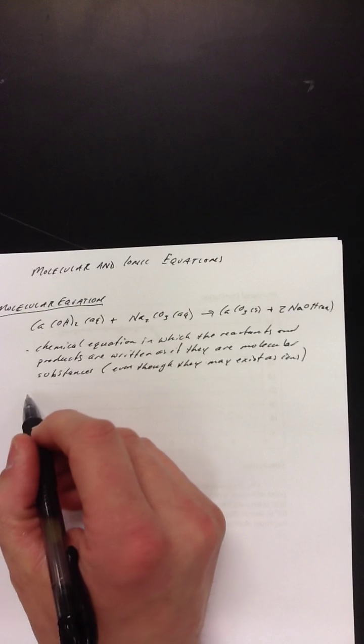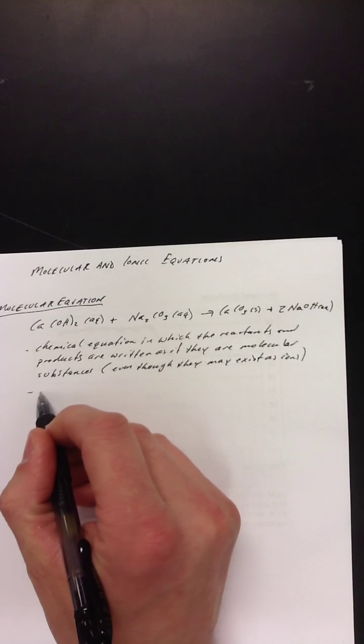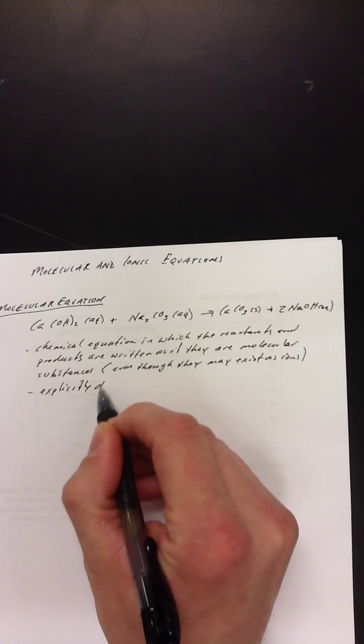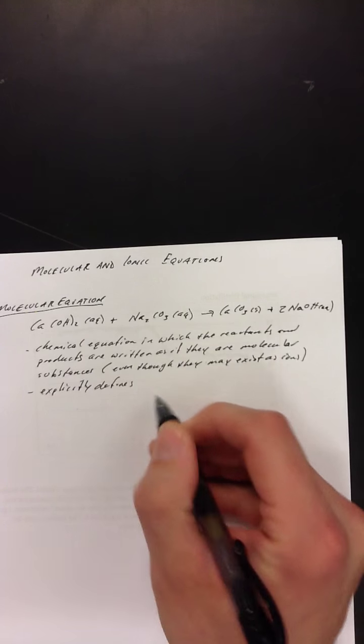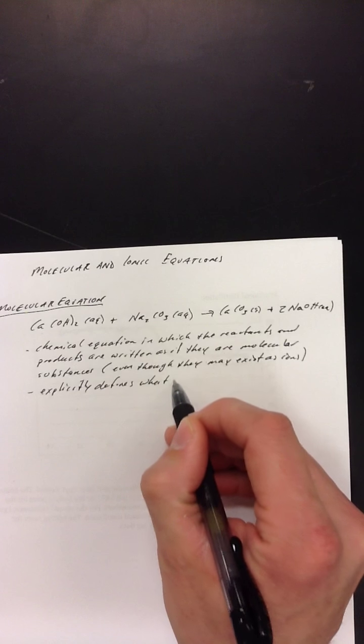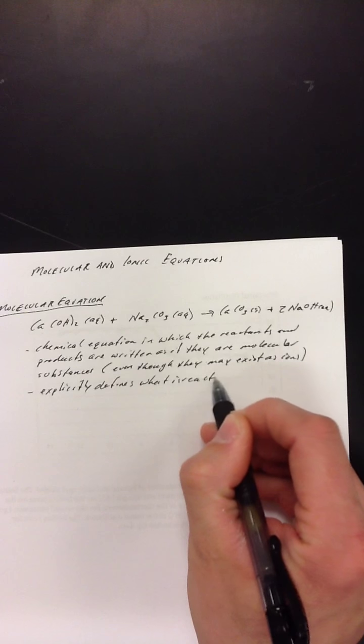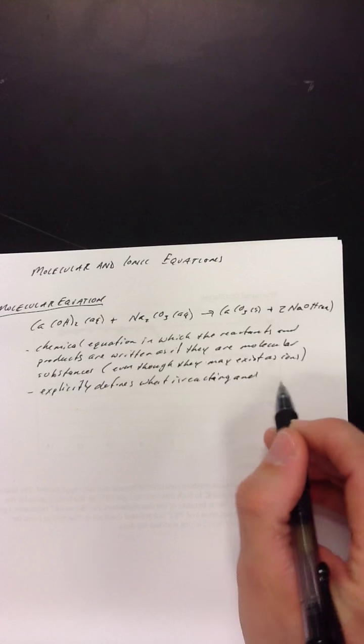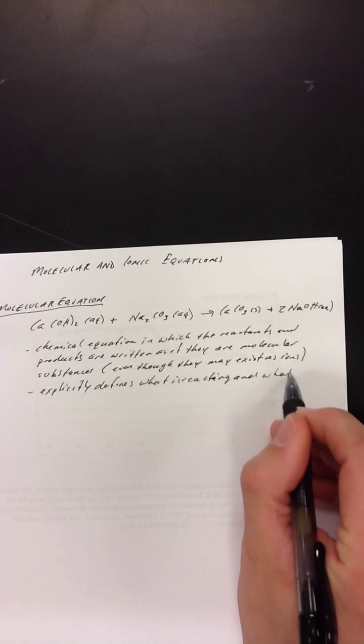The molecular equation is useful because it is explicit about the reactants and the products. So this explicitly defines what is reacting, and what are the products.